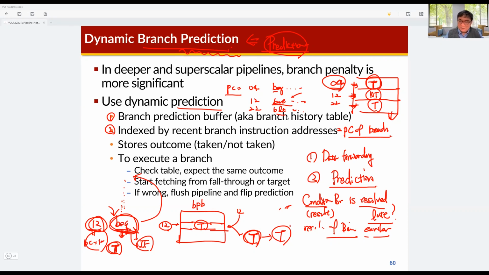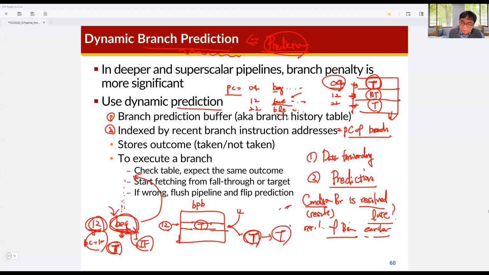We predict the result of our future event based on our previous results. Actually everyone predicts based on history, and the same technique can be applied to our processor design.